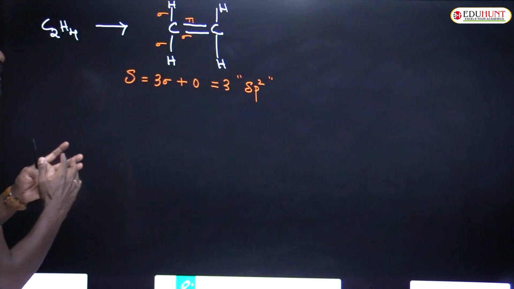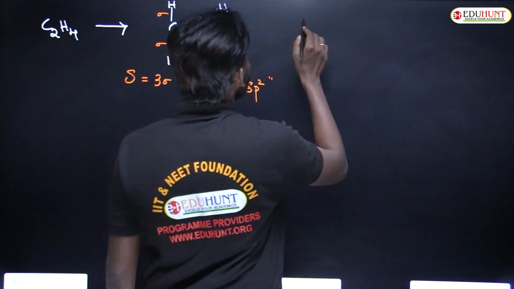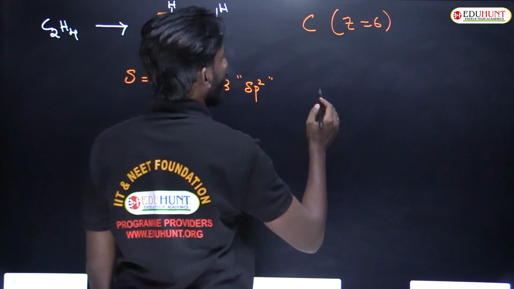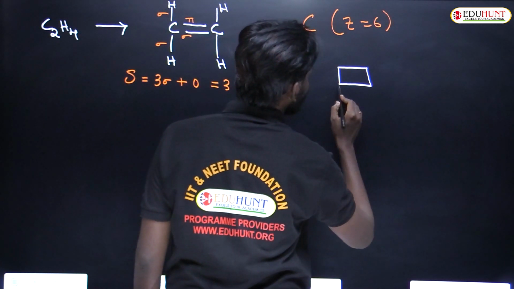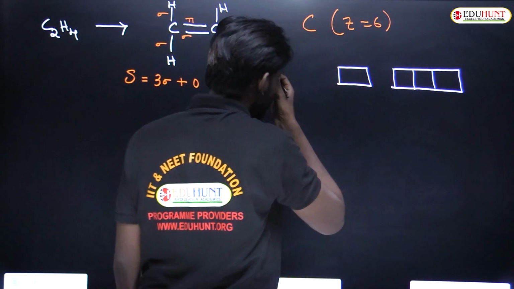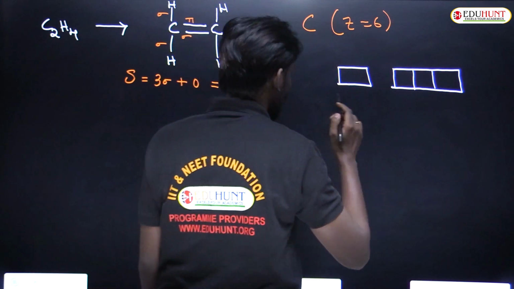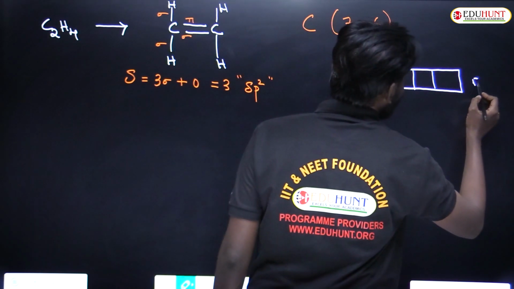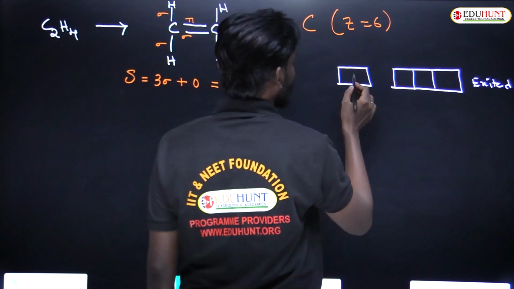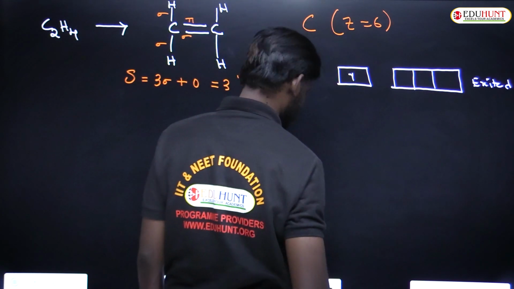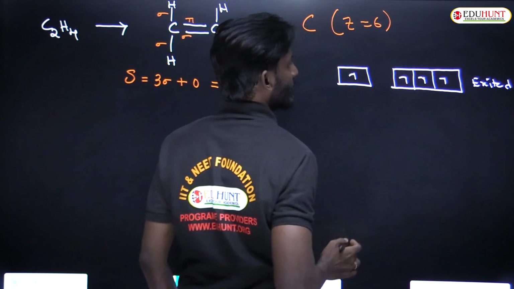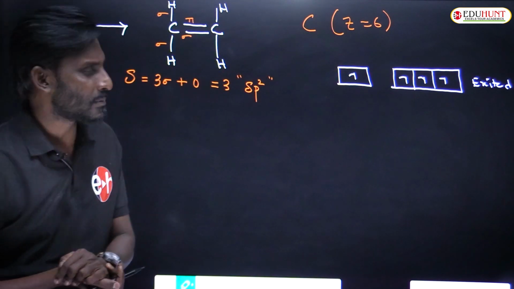Now try to understand what sp2 hybridization is. Carbon's atomic number is 6. The outermost electronic configuration is 2s2 2p2, the ground state configuration. Try to write the excited state configuration directly. Normally 2s2 2p2, and after excitation, 1 electron moves. There are 4 valence electrons in the carbon atom.